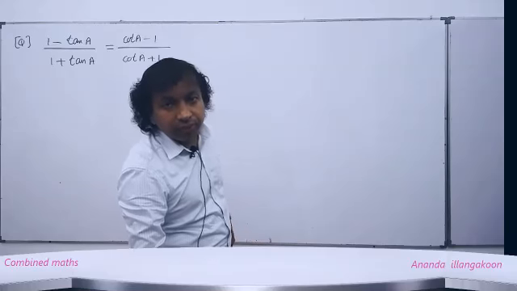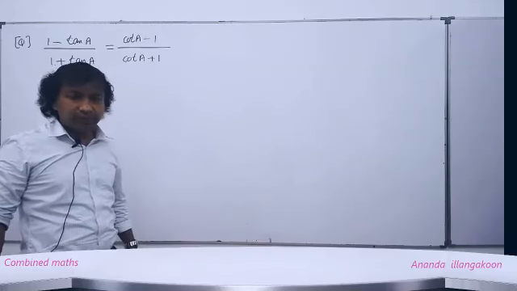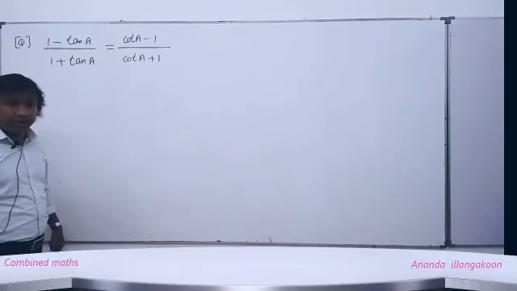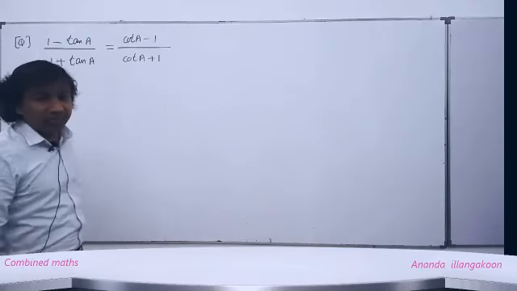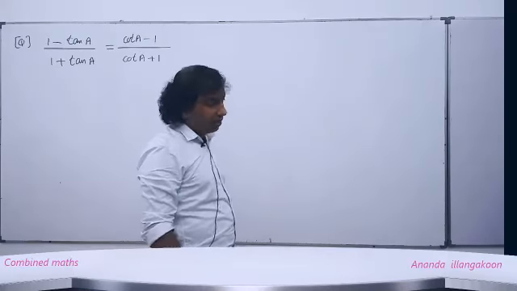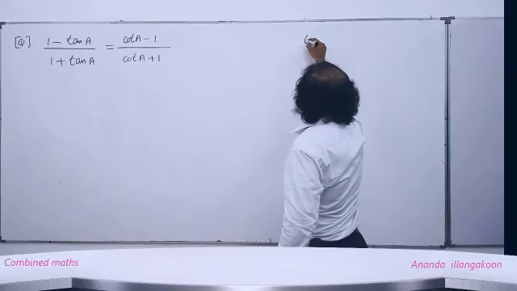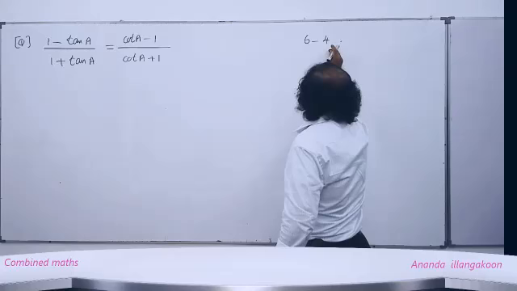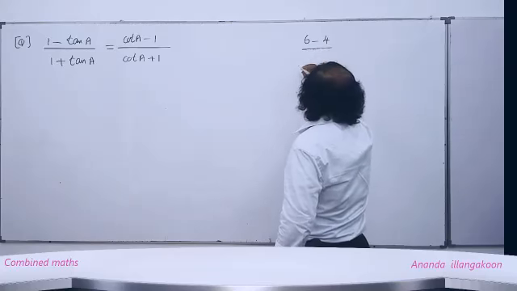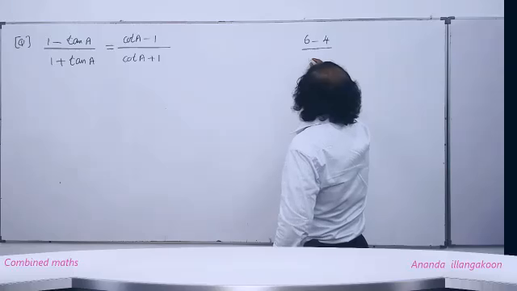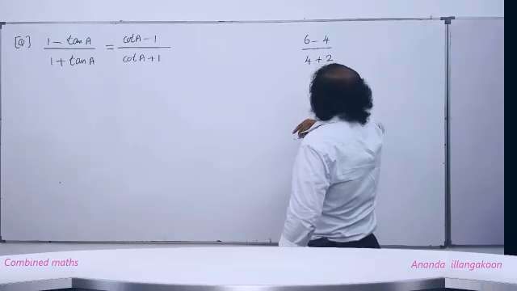Okay, people, but the answers, right? Now, in this case, to get the answer easily, who got this answer? Yeah, people, now think like this. We have here 6 minus 4. It's 2, no? And now here we have 4 plus 2.